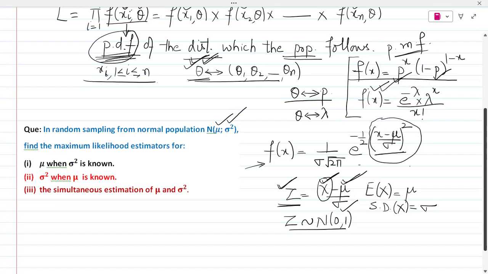Theta has two components. One is mu and the other is sigma square. So theta has two components, theta 1 and theta 2, where theta 1 is mu and theta 2 is sigma square. This is the meaning here.